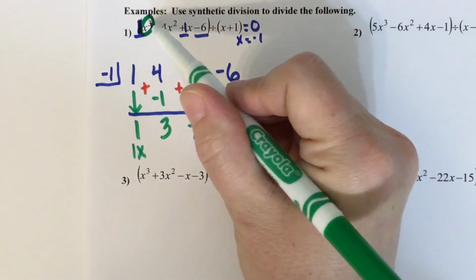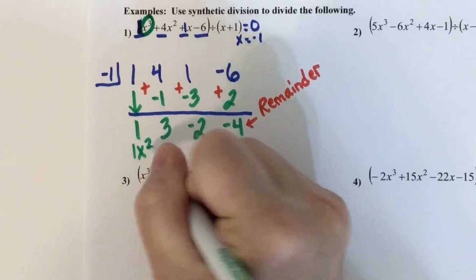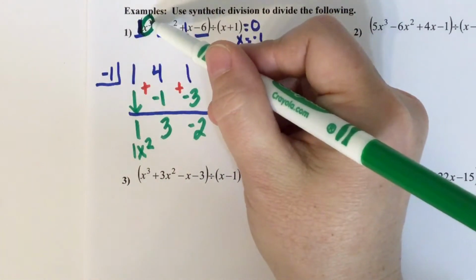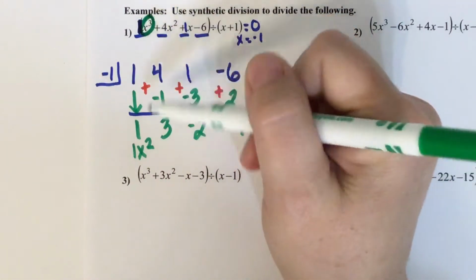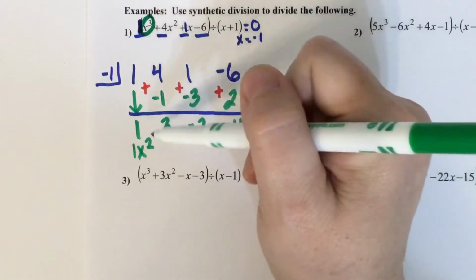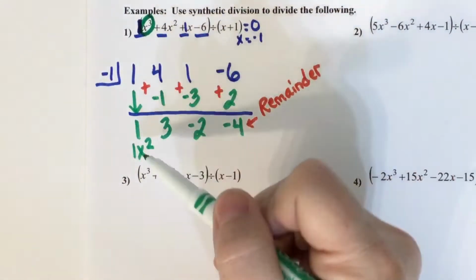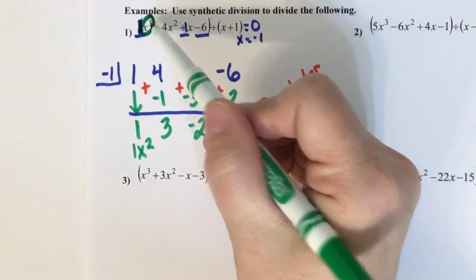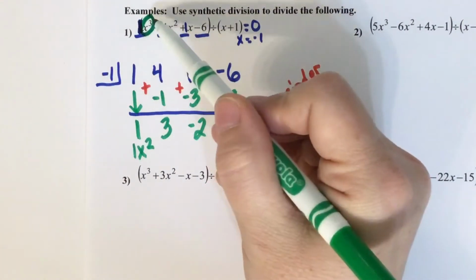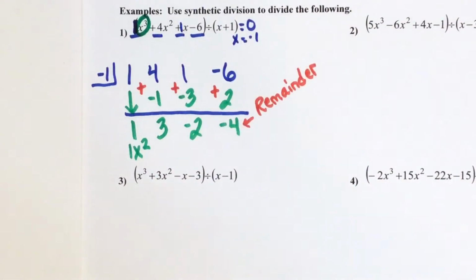So if it starts out with a 3, then the answer will be a 2. If the exponent's a 4, this would be a 3. If this was a 6, this would be a 5. If this was a 20, this would be a 19. So your answer's first exponent will always be 1 less than the original. And then you go in order from there.